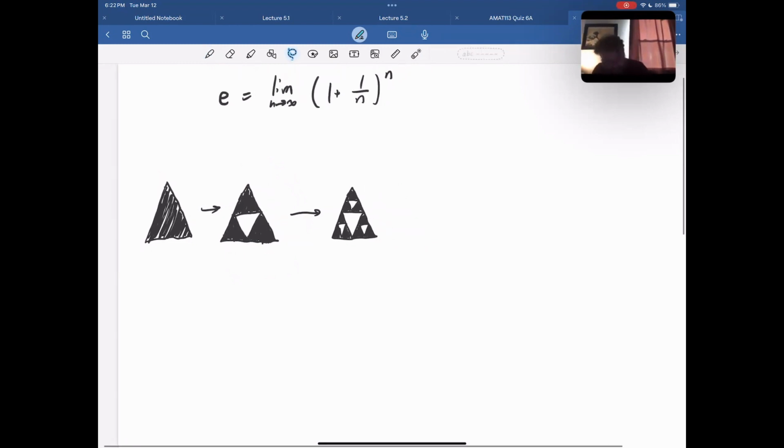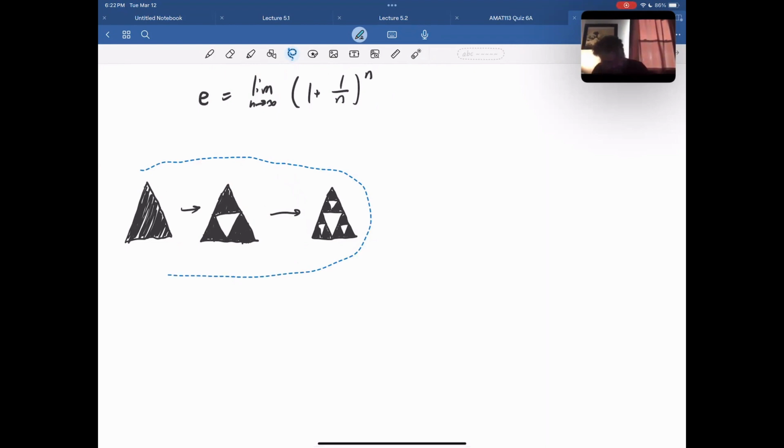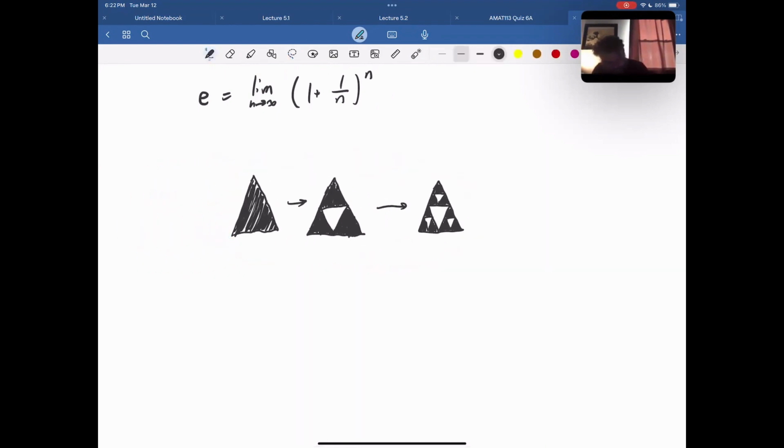Now, we can give the area of each one of these a place in a sequence, right? So let's call the area of this one A1. And well, we want to find A1, so let's do that up here.